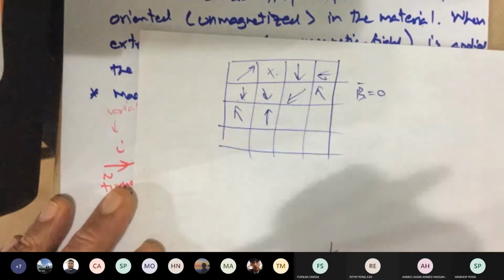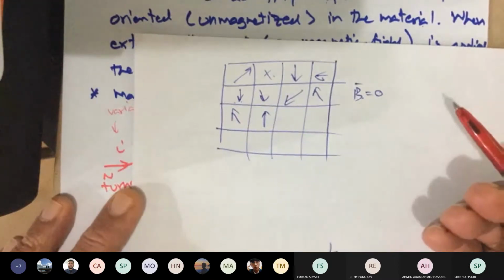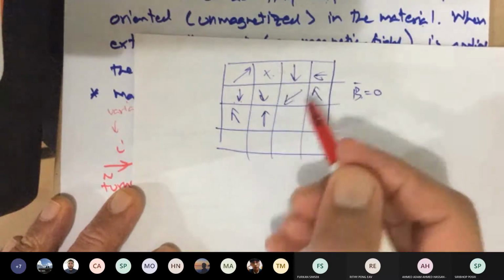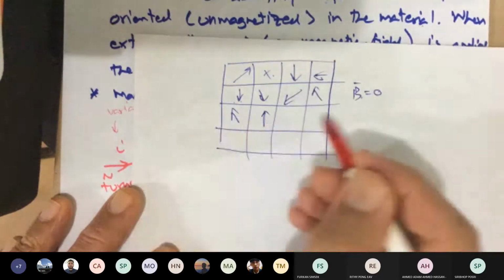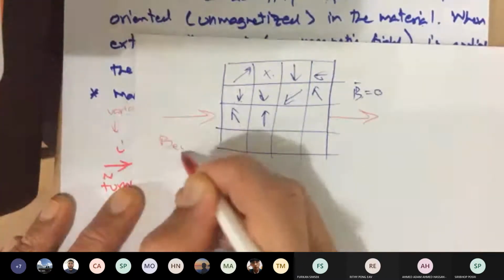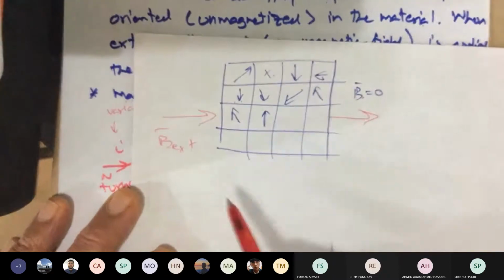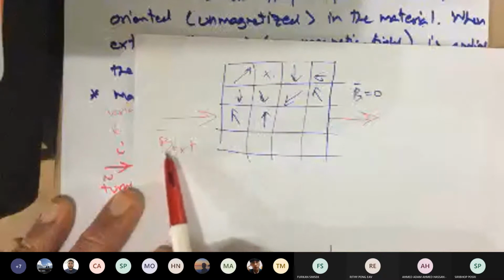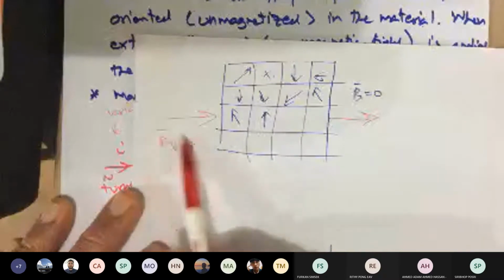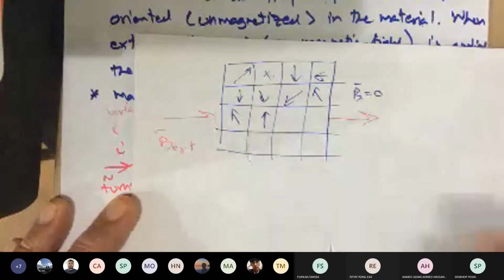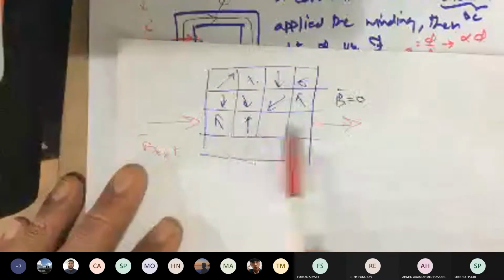Now if I apply an external field, let's say a magnetic field from another magnet, it attracts to that. If my magnet flows this way, my magnetic field is external, and assume I can control this. I start from another strong magnet, a weak magnetic field. What's going to happen is that they will try to turn.